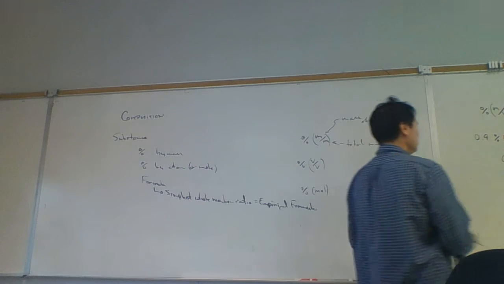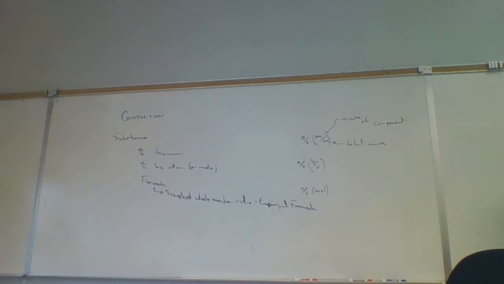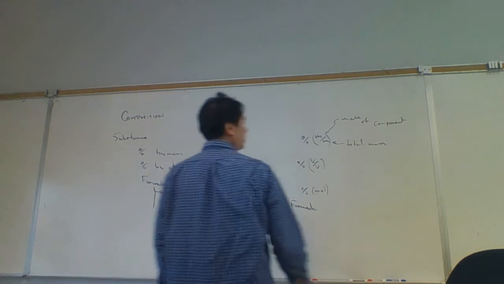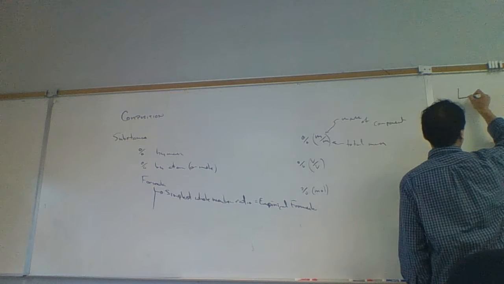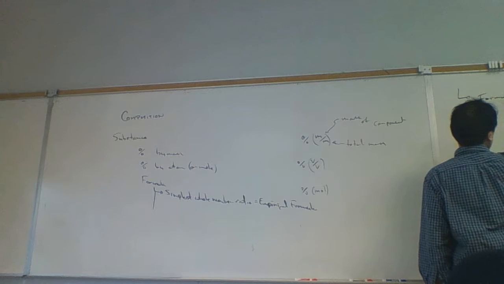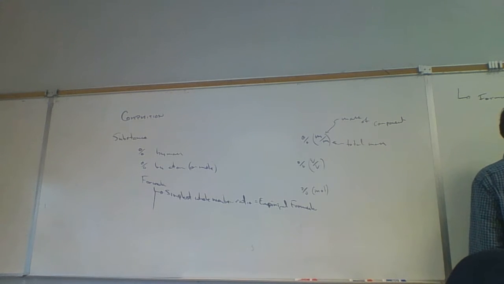H2O. But for hydrogen peroxide, you know what the simplest whole number ratio for hydrogen peroxide would be? HO. And then we also have the formula for the molecule. That is the formula for the molecule. The formula for the molecule we call the molecular formula. Molecular formula.